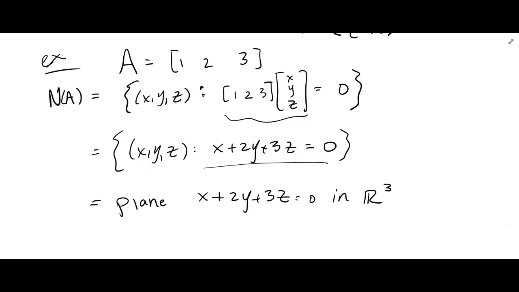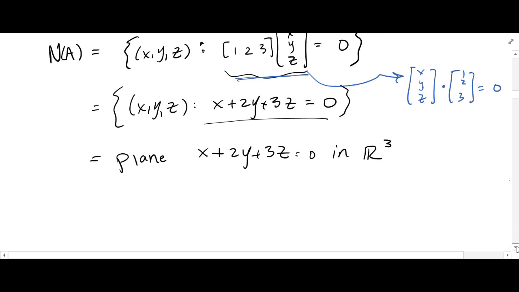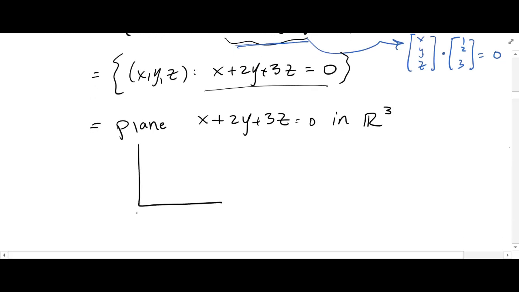So we can try to draw that. You can note this product here is also a dot product of x, y, z with 1, 2, 3. You're getting 0. So that means that the null space is the set of vectors which are perpendicular to 1, 2, 3. So if we draw that in 3 dimensions, x, y, z, maybe that's the vector 1, 2, 3.